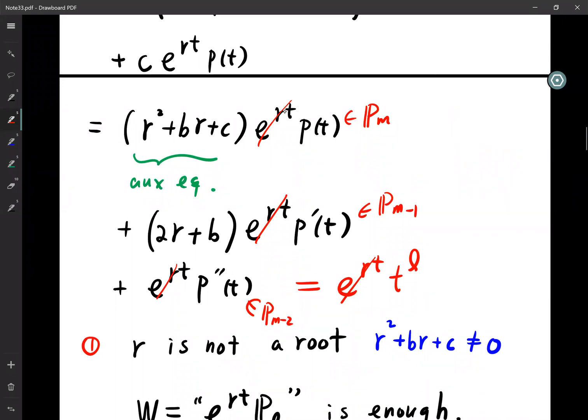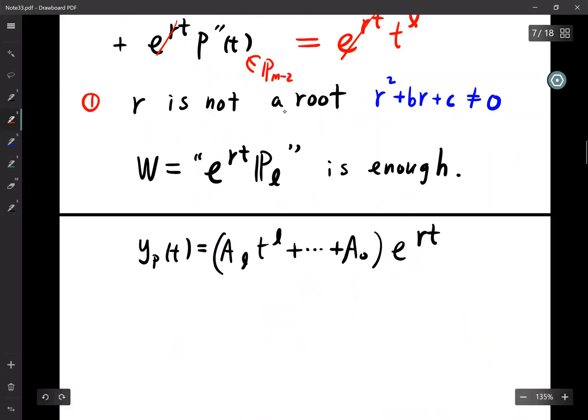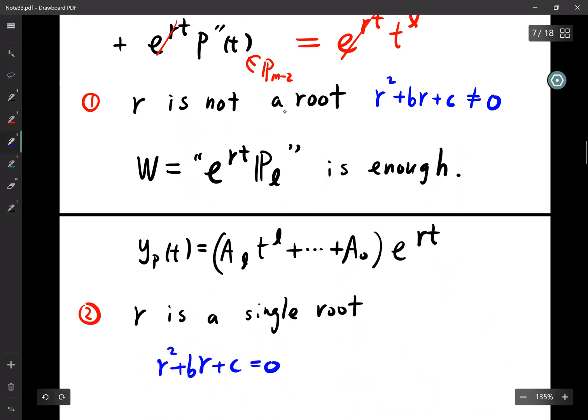Okay, so this is the first case. The second case is that R is a single root. What that means is R squared plus BR plus C is indeed 0, but if you take a derivative, it doesn't vanish.